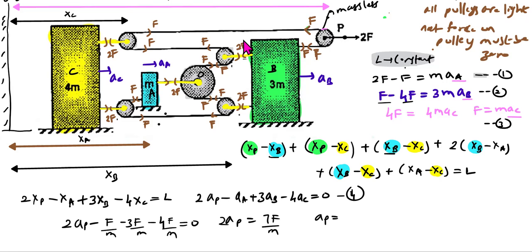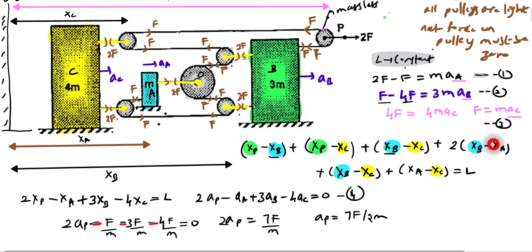So acceleration of pulley, acceleration of point P will be, I think this will be minus sign. Let me check it. This is minus F by M minus 3 minus 4F.